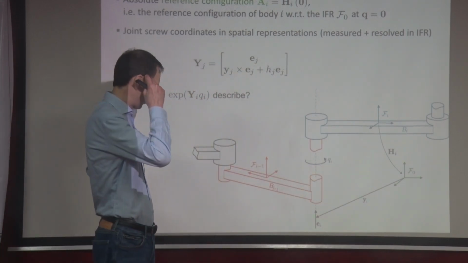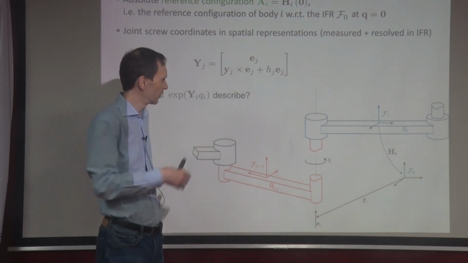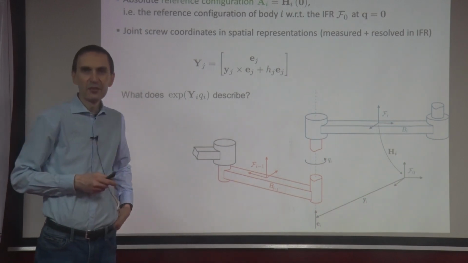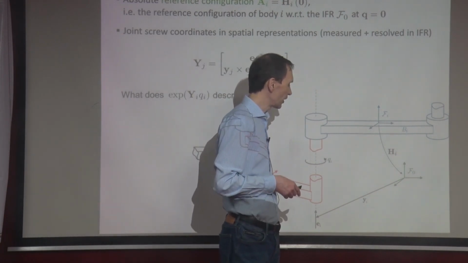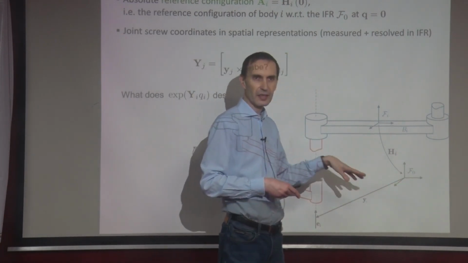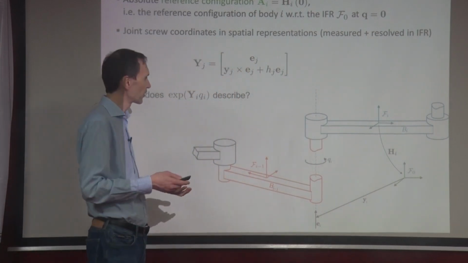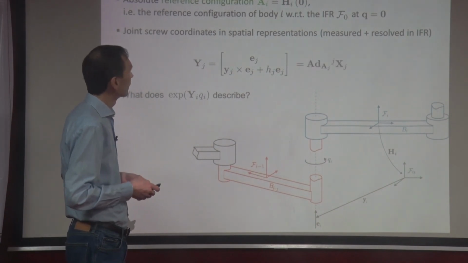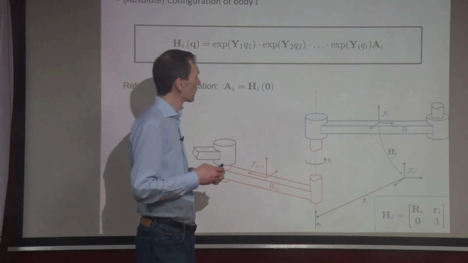Okay, that's nice. But how does it help me to say anything about the kinematic chain? Well, it's the same story, because the only thing you have to do is relate that relative motion to the zero reference configuration. And that's all you need. And that's exactly what you do.